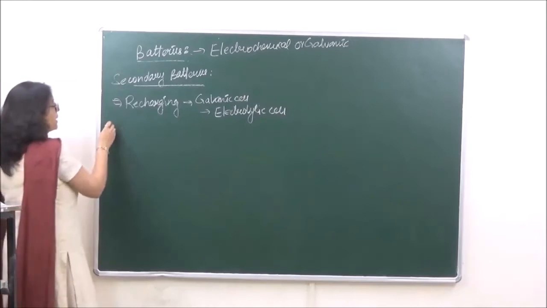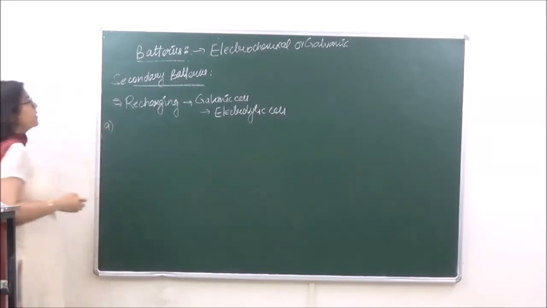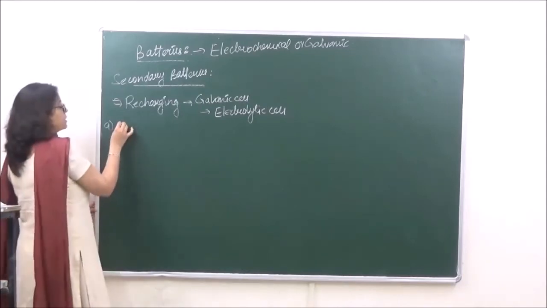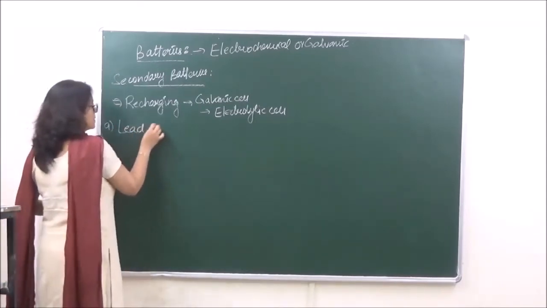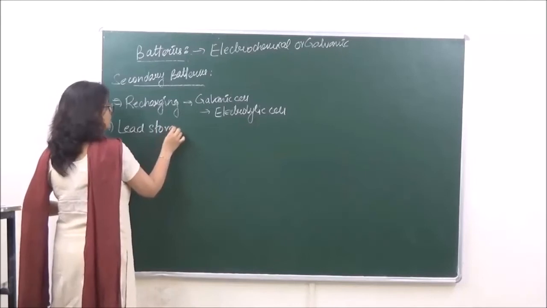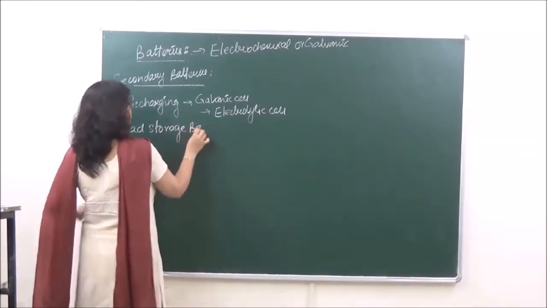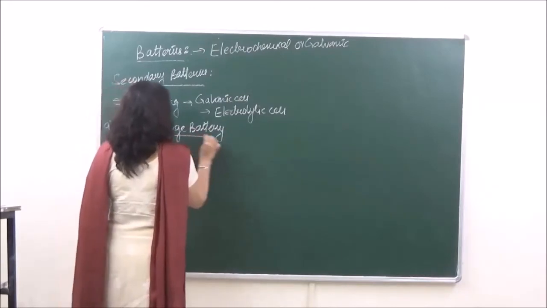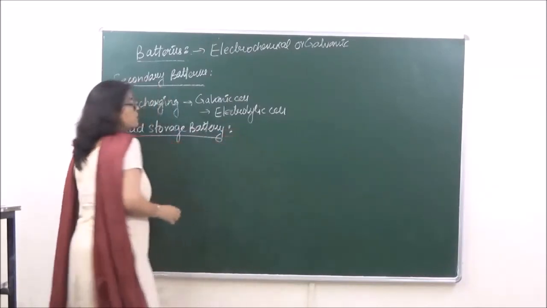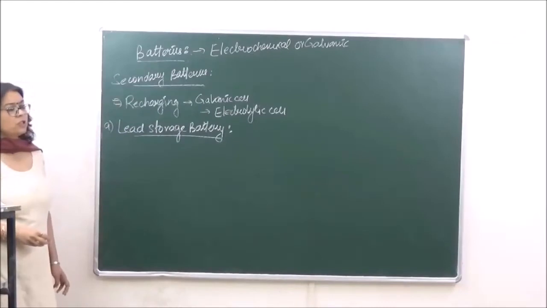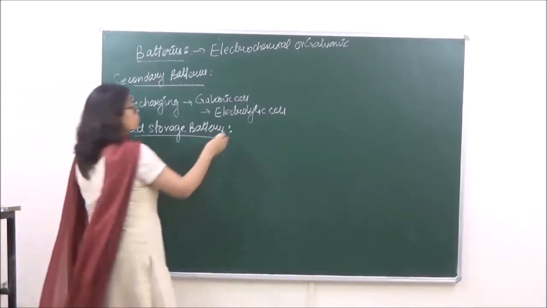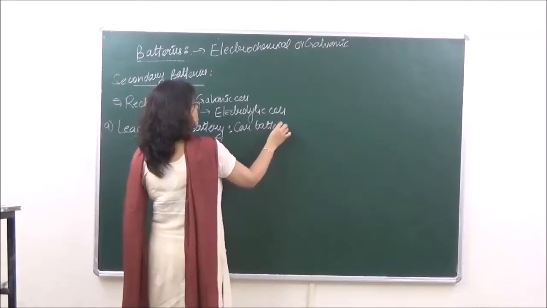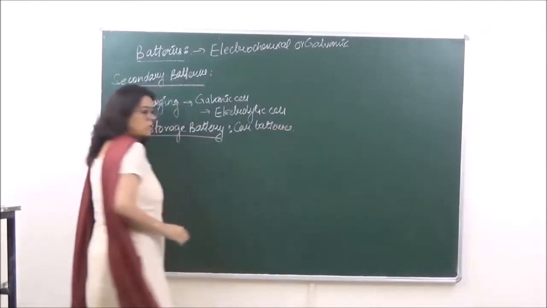The first very common type of battery which we are going to discuss is the lead storage battery. This is the battery which is used in cars, so this is also known as car batteries.